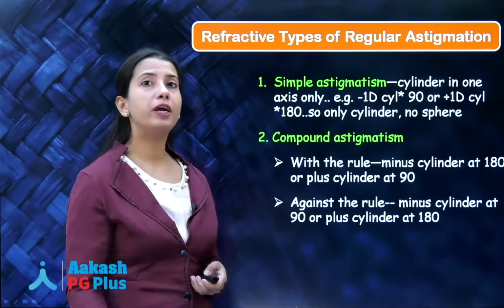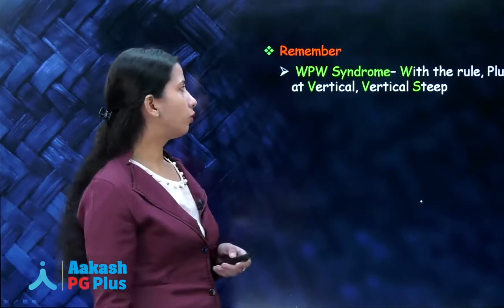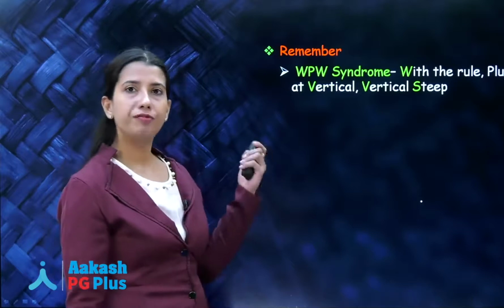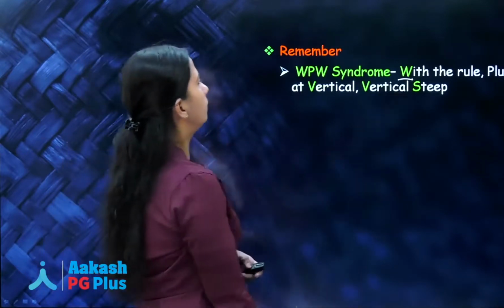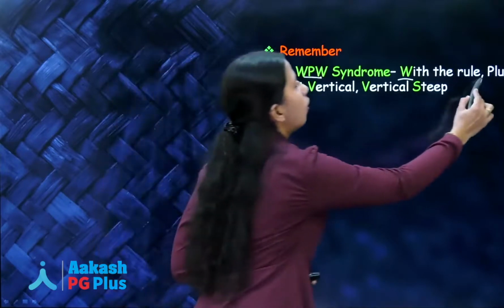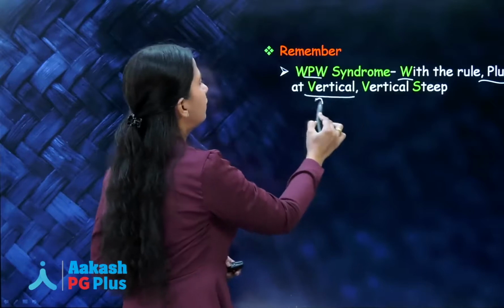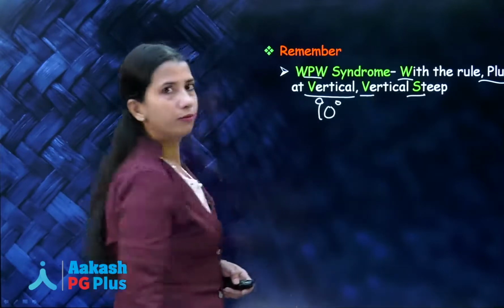So how can we make it out from the prescription? It is a simple mnemonic, WPW syndrome, which you read in cardiology. So here we have modified it according to ophthalmology. So W means with the rule, P means plus or positive sign at vertical meridian, which is 90 degrees, and vertical is steeper.